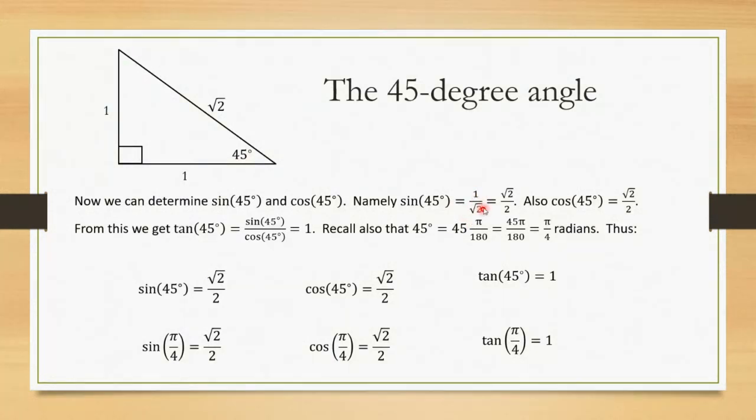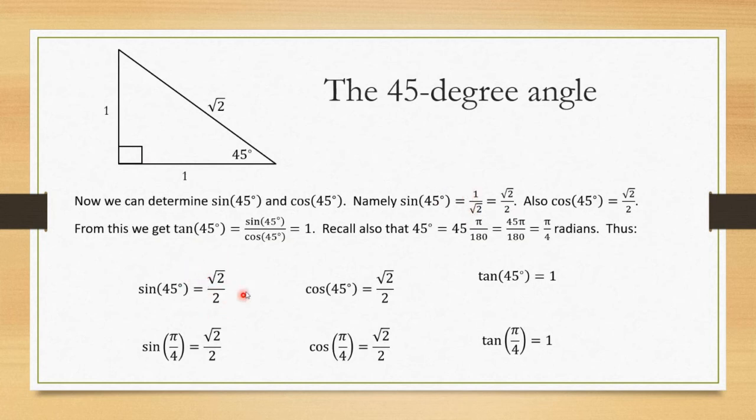And if you multiply top and bottom by the square root of 2, which is the same as rationalizing the denominator, I did that when I did square roots. I think I might have done this example, actually. You end up with this. So 1 over the square root of 2 equals the square root of 2 over 2.